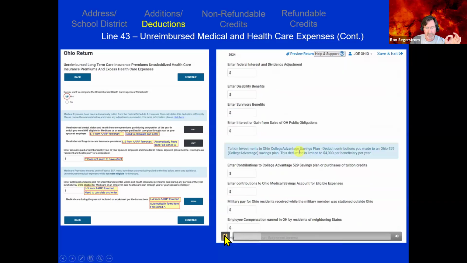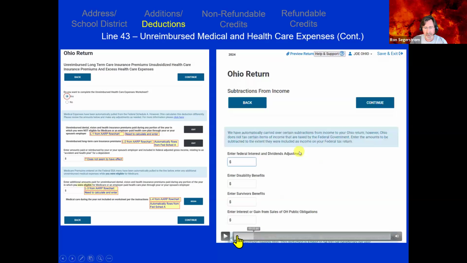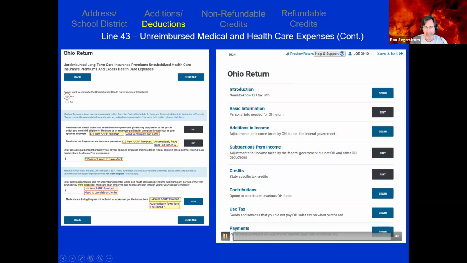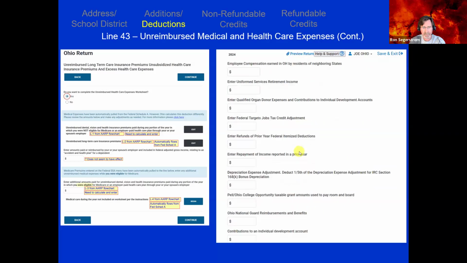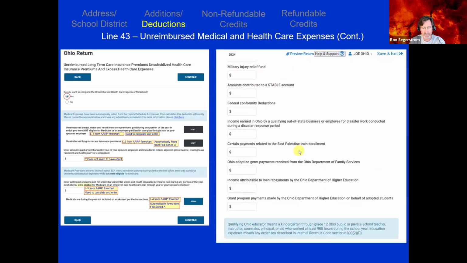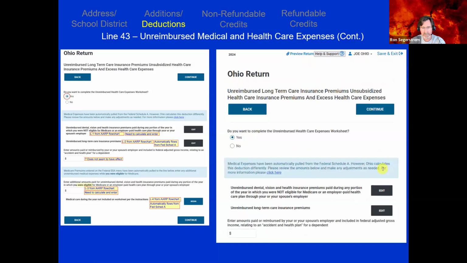If you had to make an adjustment, you could click on this and make an adjustment in that tab. So let's talk about where this goes. From subtractions for income in the Ohio return, scroll all the way down again to the bottom, and there's that section.